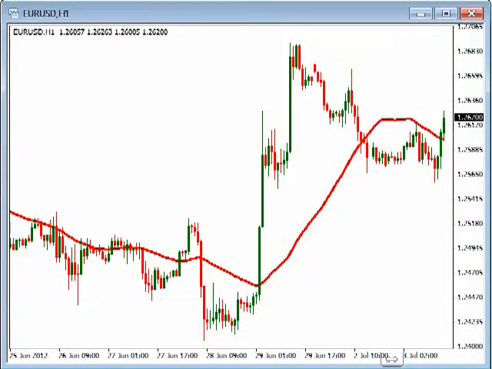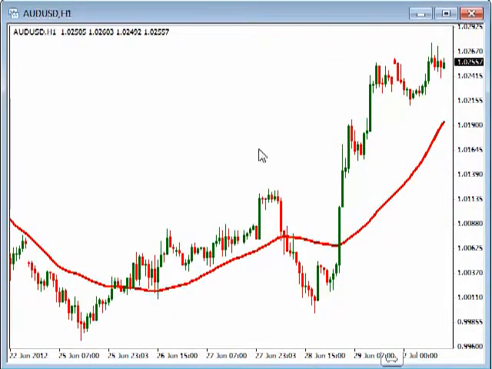Now as we switch to other pairs, for example, the Aussie US dollar, we can look at that and we can say, what is happening here that would give us the idea that the trend is now in an uptrend?